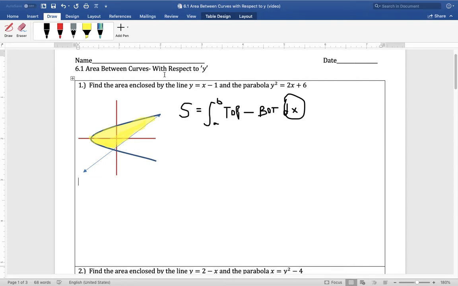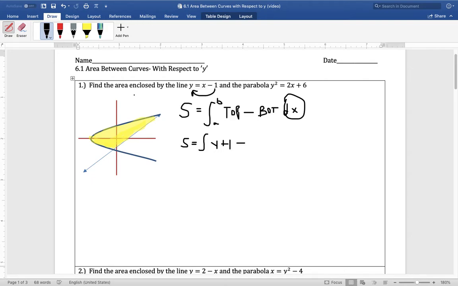So let me write this out. We have s is equal to, we'll do our limits in a minute. Now, we need this function in terms of y. So we're just going to add the 1 to the other side and get y plus 1 minus, right?